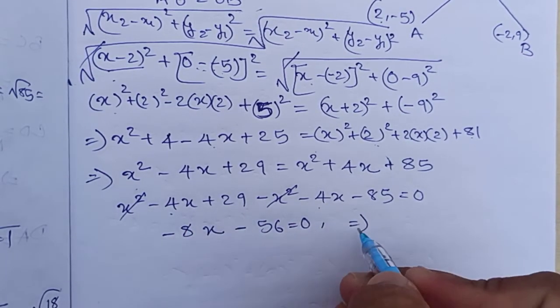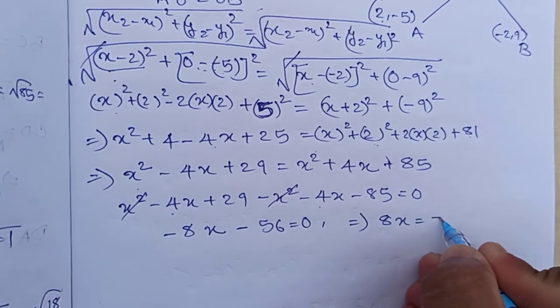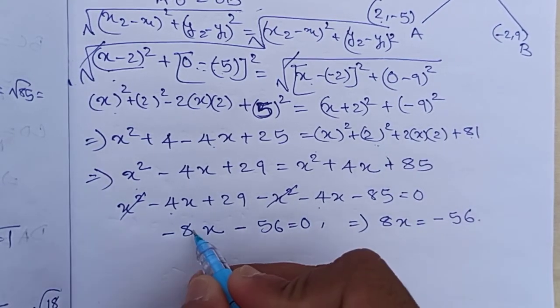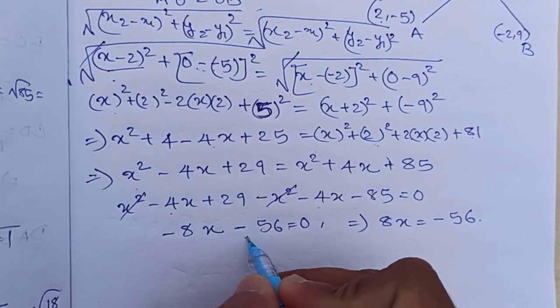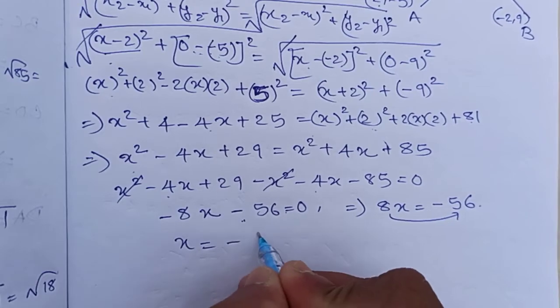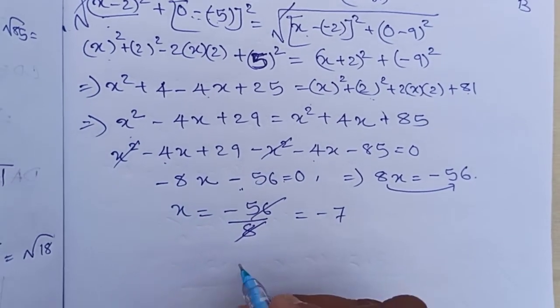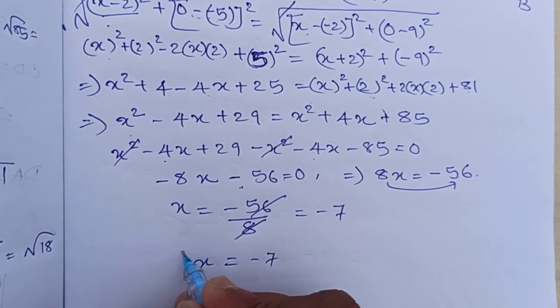Now bring minus 8x to this side so that it will become plus. So 8x equals minus 56. Now divide by 8, so x equals minus 56 by 8, that is minus 7. So the value of x is minus 7.